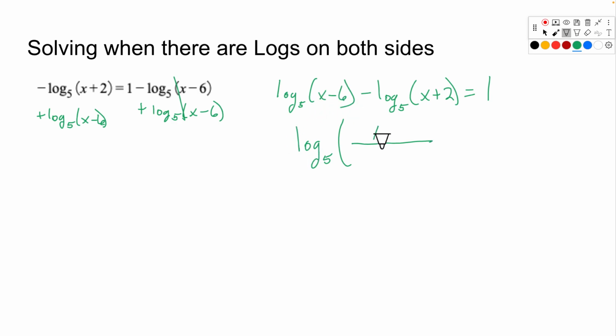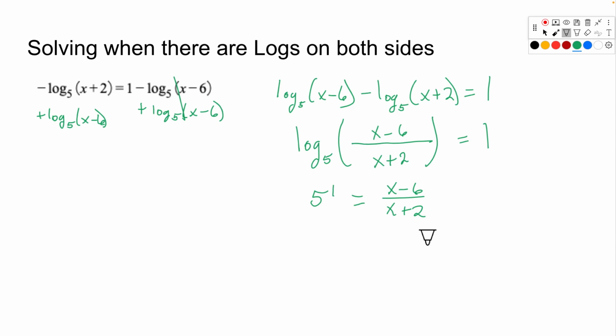The positive one's on top, the negative one's on the bottom. And that's equal to 1. And we're not done yet. We haven't solved for x. But we can do the log dance now. 5 to the first power, right? Change it to an exponential. 5 to the first power is just 5. It's equal to x minus 6 over x plus 2.